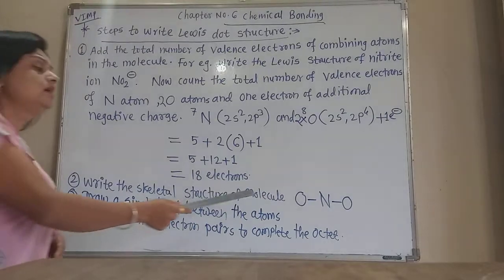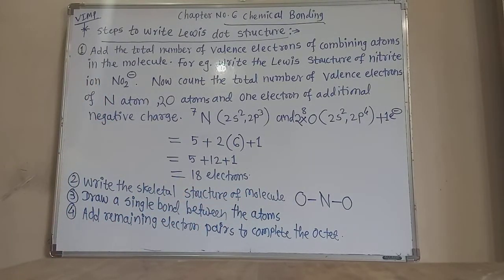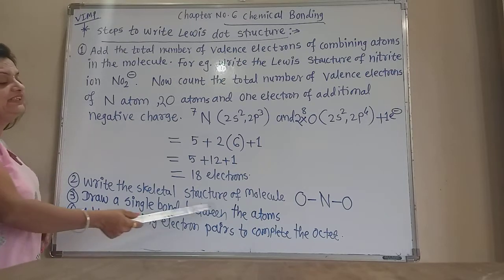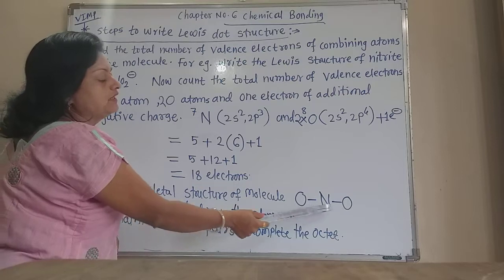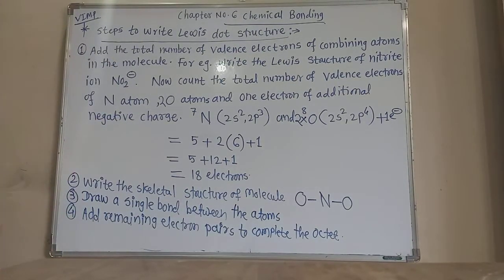This is only the skeletal structure, not the final structure. Then draw a single bond between the atoms, between oxygen and nitrogen, and nitrogen and oxygen.